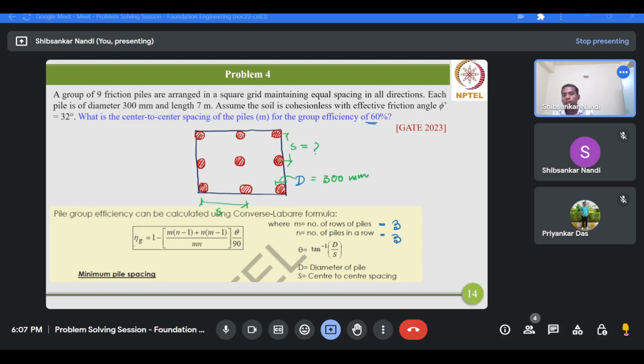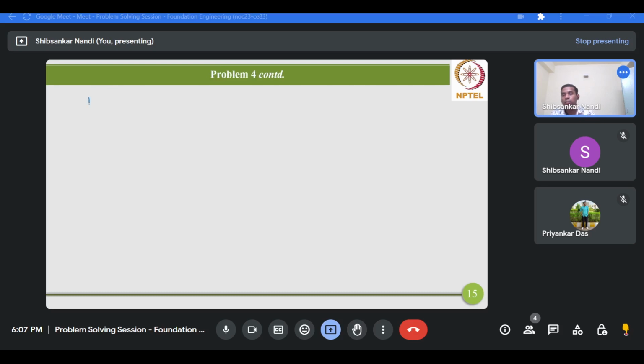Therefore eta g you know, and m and n, the configuration of the pile group, you know. Therefore you can easily determine the parameter theta by using this equation given by the Converse-Labarre formula.